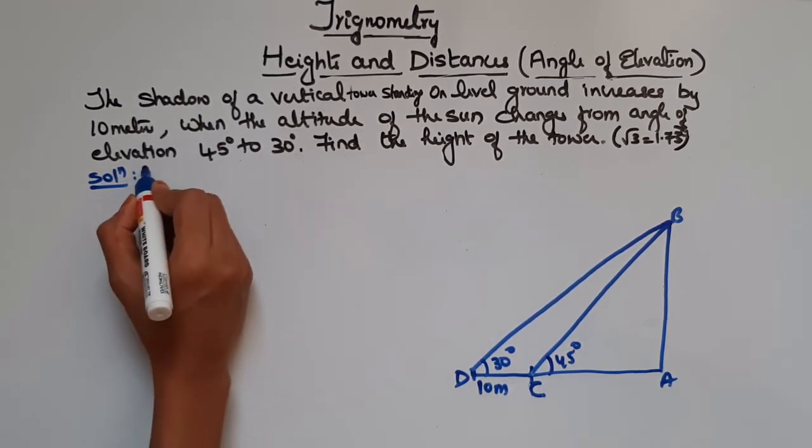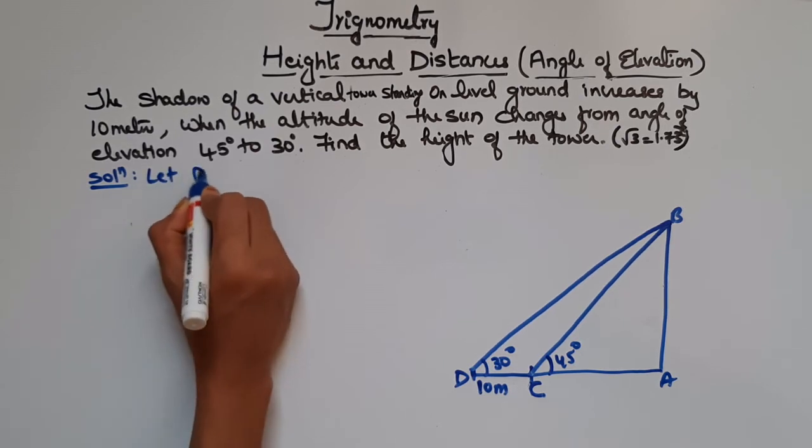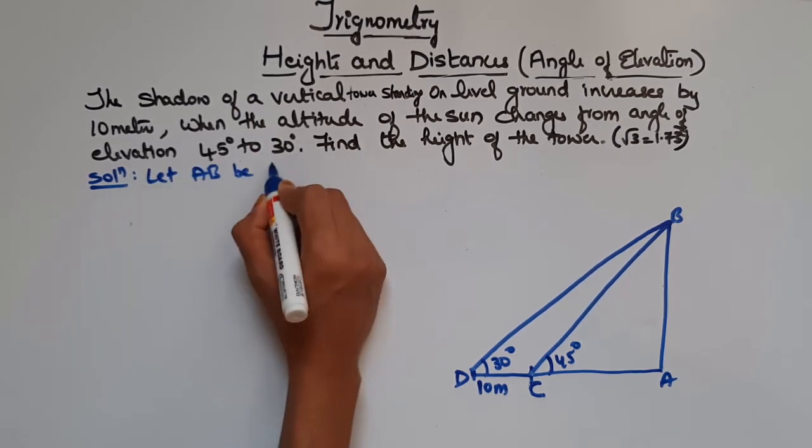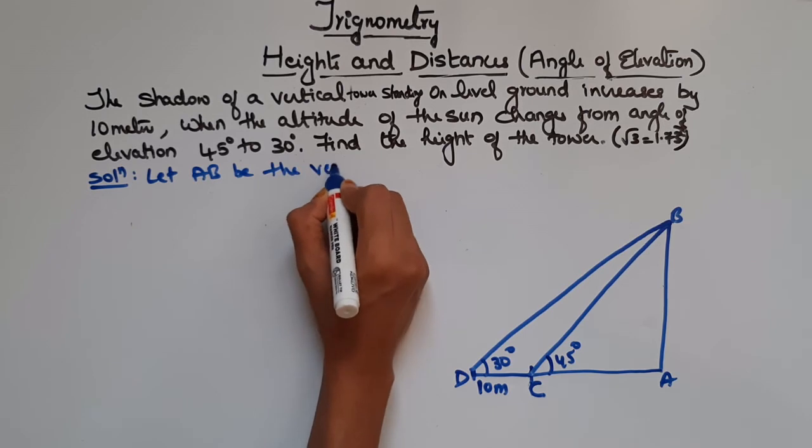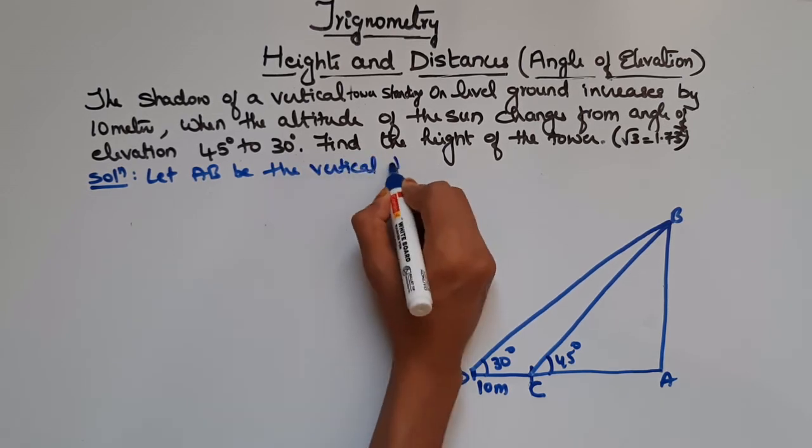So first let's write this in words. Let AB be the vertical tower.